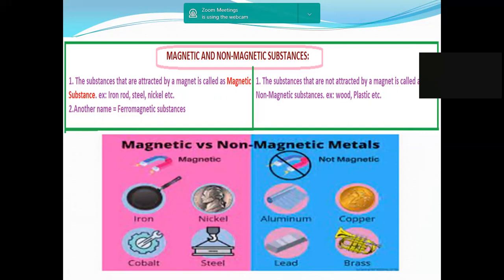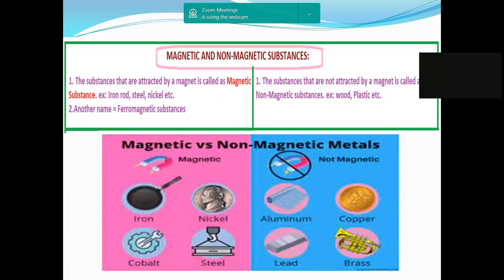There are two sorts of substances, magnetic and non-magnetic. Substances that are attracted by a magnet are called magnetic substances, like your iron rod, your iron scale, steel, like your steel dishes, steel bowl, spoon, etc., and nickel also. Magnetic substances are also called ferromagnetic substances.